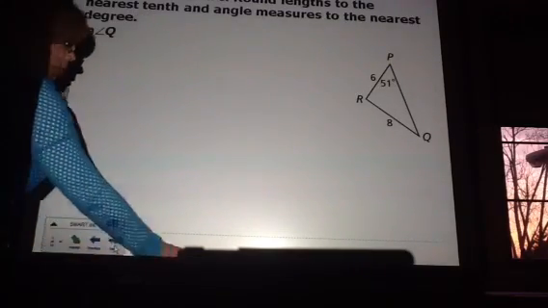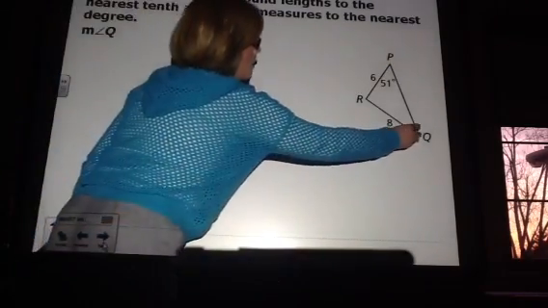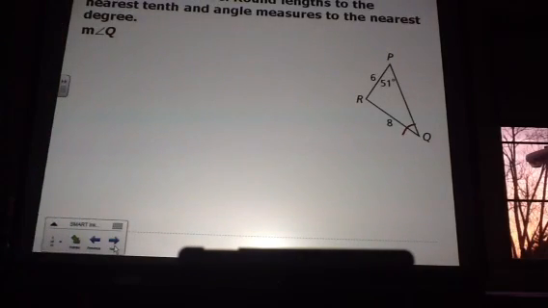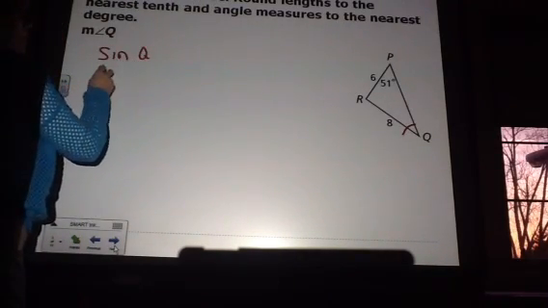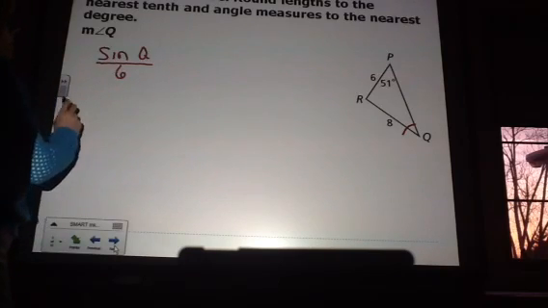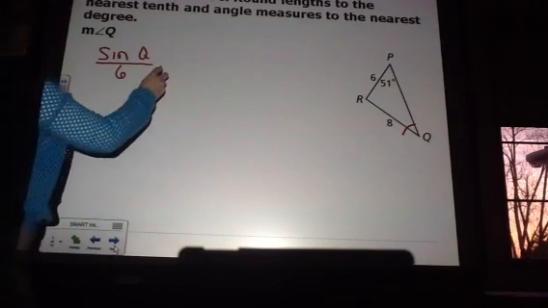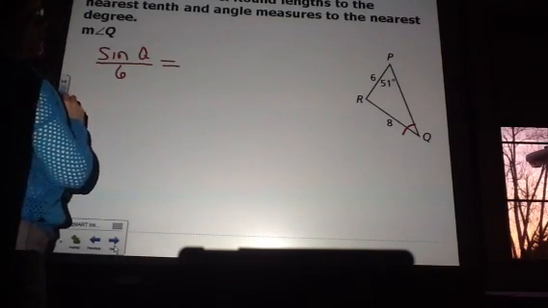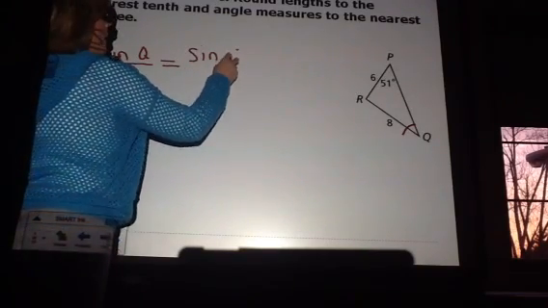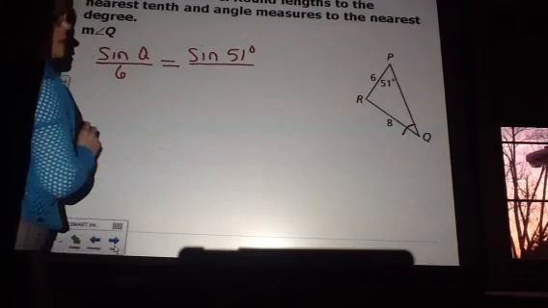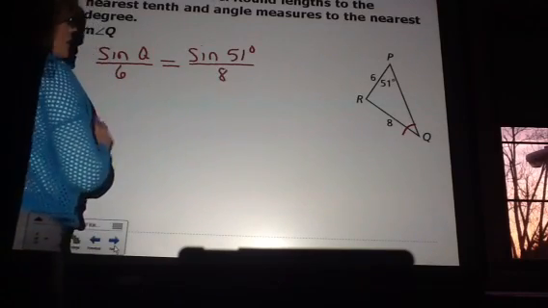Okay, now we're going to find the angle measure of Q right here. So let's see what we have. You can take the sine of angle Q, put it over the side opposite, which is 6, and set that equal to the other angle we have, angle P: the sine of 51 degrees over the segment opposite that, which is 8.